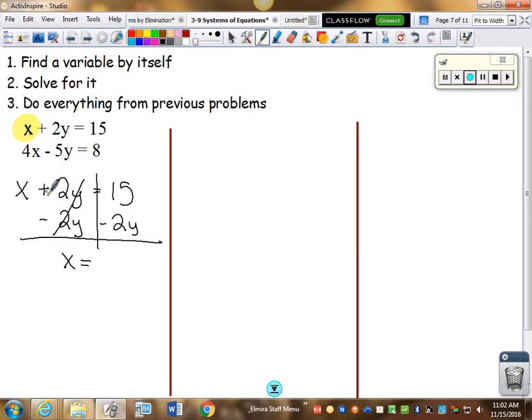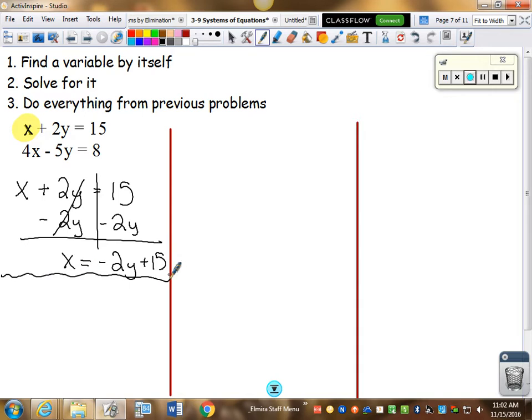So it was plus, now it's going to be minus. So minus 2y plus 15. It would also be perfectly fine for you to write 15 minus 2y. Doesn't matter. The wrong thing to do is to say this is 13 of something, because 2 has a y, 15 doesn't. We can't actually subtract.